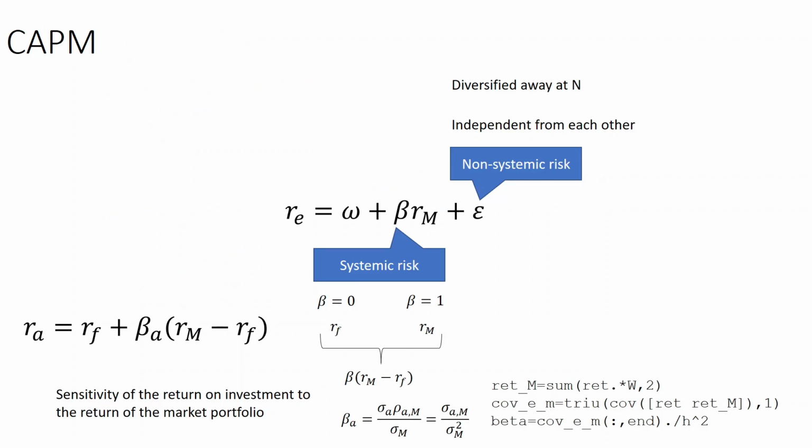So, as you can remember, we can create a decomposition of the expected return based on the systemic risk and the non-systemic risk.